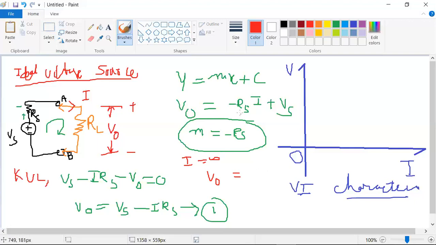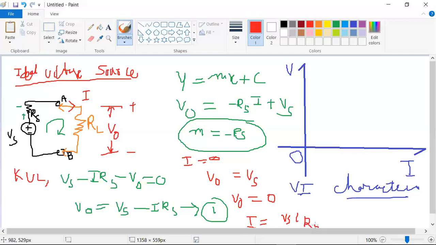When the current is 0, this term is going to be 0, so V naught is equal to Vs. Case 2: when V naught is 0, what about my I? My I will be Vs by Rs.